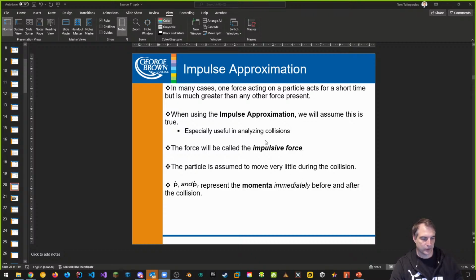And the idea is when we transfer forces from one particle to the other, the impulsive force is an average, where momentum initial and momentum final represent the momenta. If I say two momentums, then they're called momenta. That's the plural in Latin. Immediately before and after the collision, so we have some kind of momentum before and some kind of momentum after.